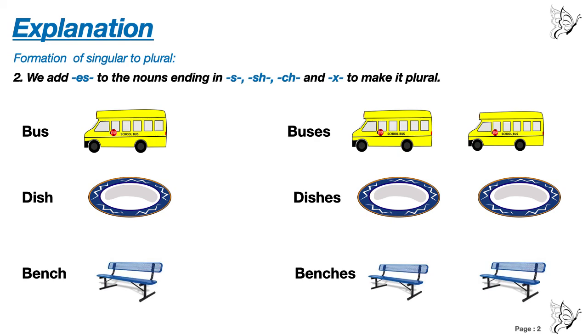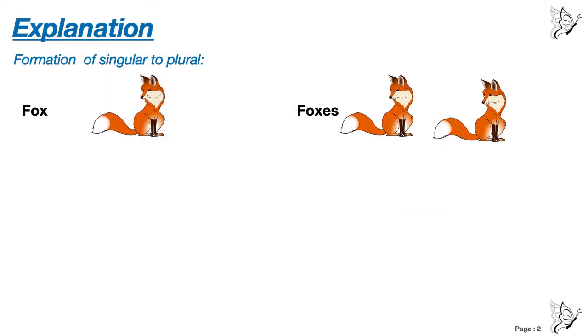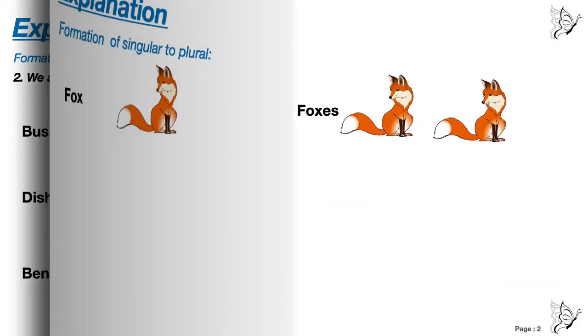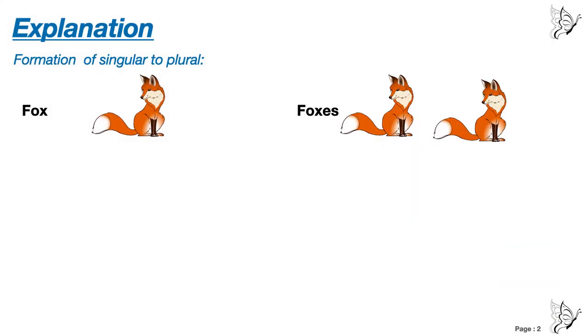And in fox we have x as the last letter. So in such cases we are going to add es to make it plural. You see here on the right hand side, two buses are there, two dishes are there, two benches are there, and two foxes are there.